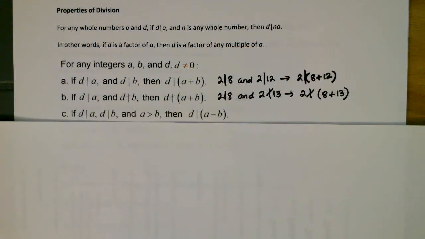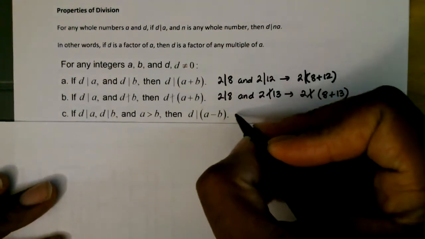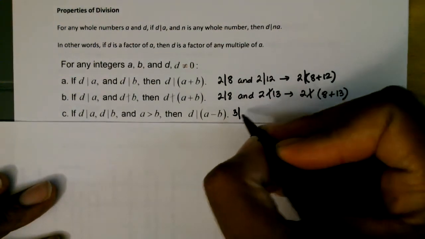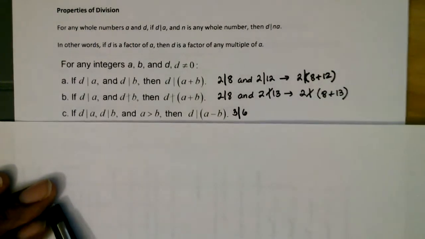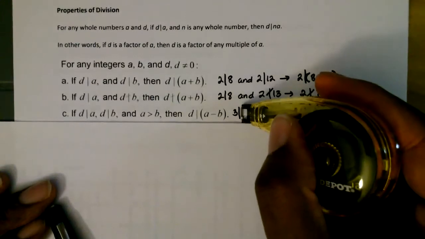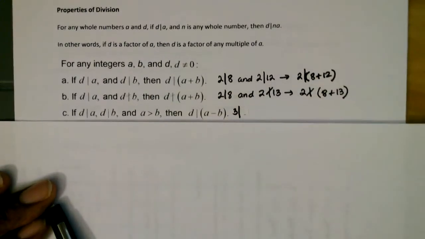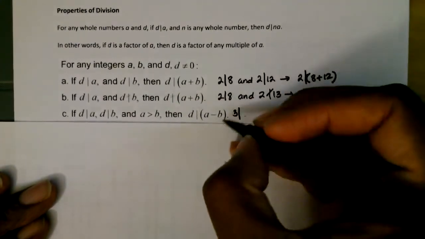All right, part C is if D divides A, D divides B, and A is greater than B, then that means that D will divide the difference of A and B. So let's say here, 3 divides, say, 6. No, take that back, because A has to be greater than B. So 3 divides, let's say, 27.